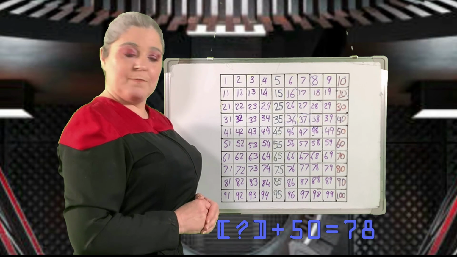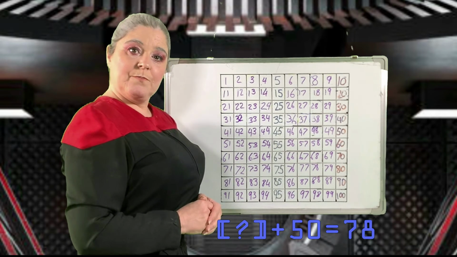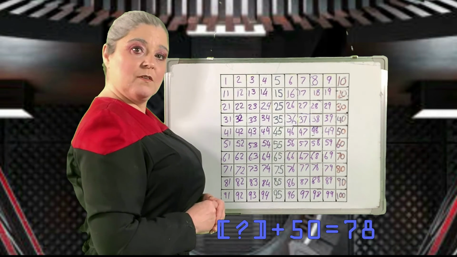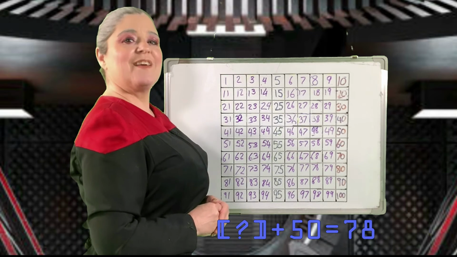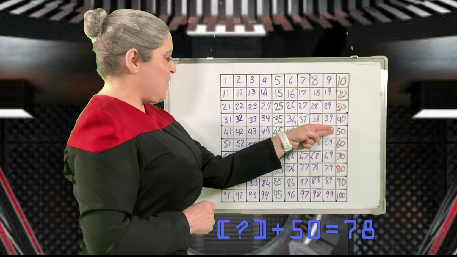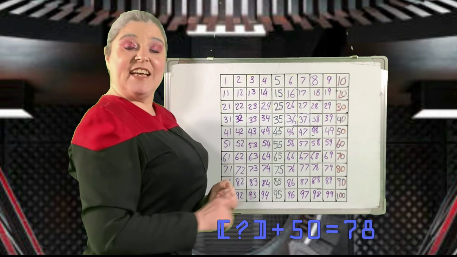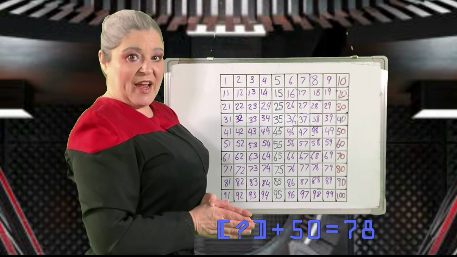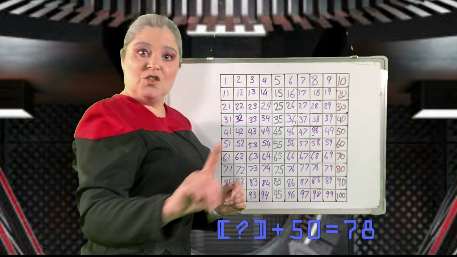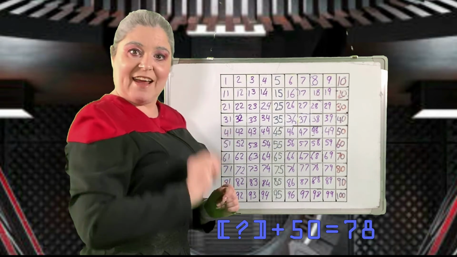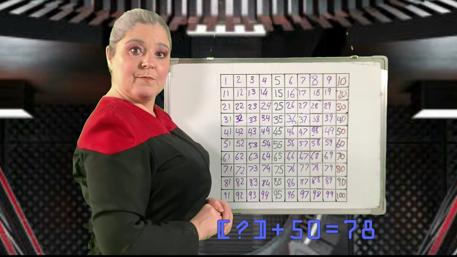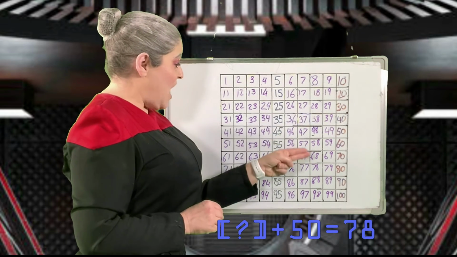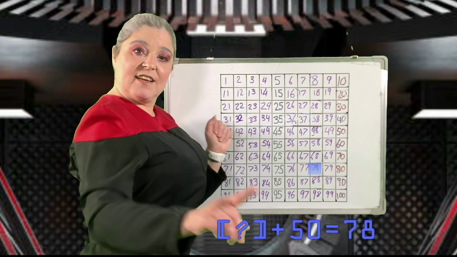All right? How do you work it out? Very good. 50 and 78 are not right under each other, so we know that the missing number is not a multiple of 10. Very good, very good. We're going to mark the 78. And then what?